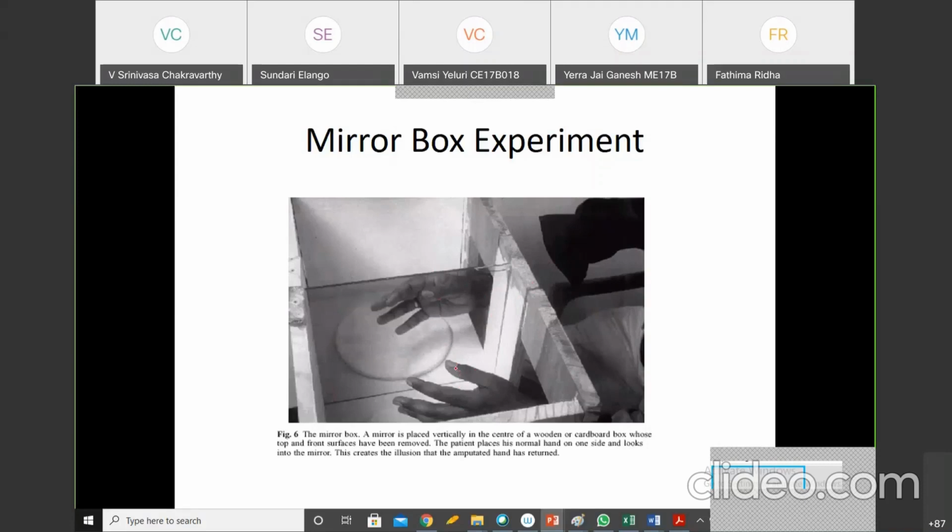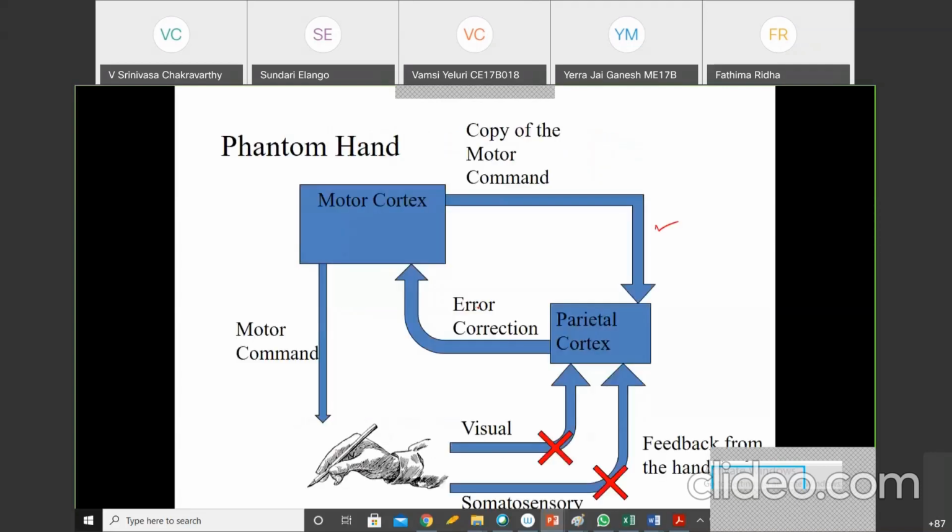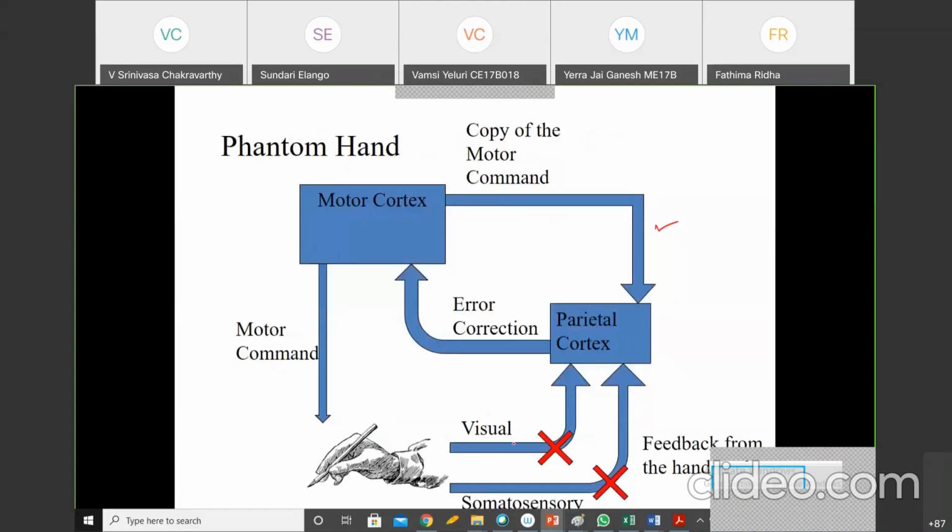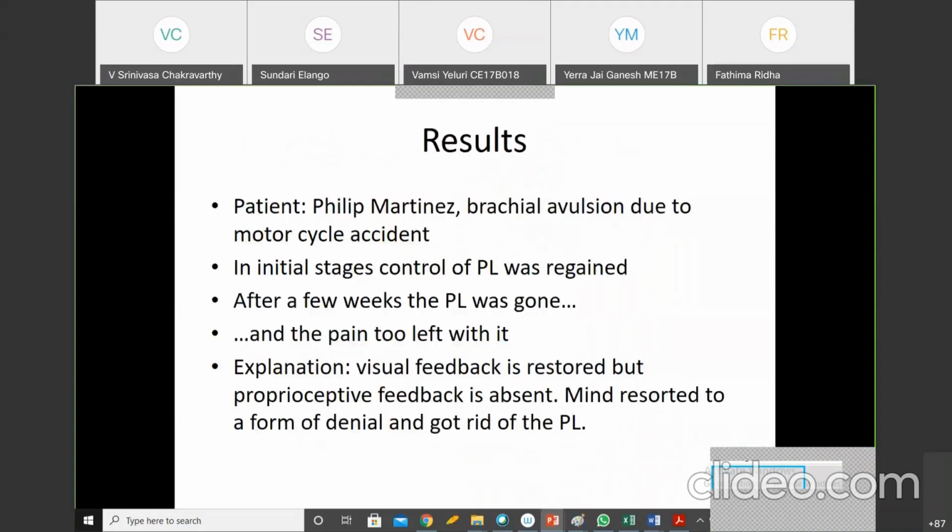So although the right hand is not present, the subject can see a reflection of the left hand, which looks like the right hand. In this schematic, earlier there was no visual feedback and no somatosensory feedback. Because of this mirror box setup, visual feedback is now restored, although somatosensory feedback is still absent. So at least partially, sensory feedback is restored.